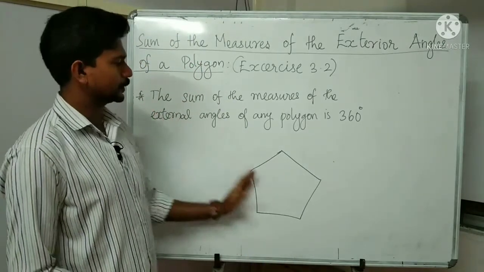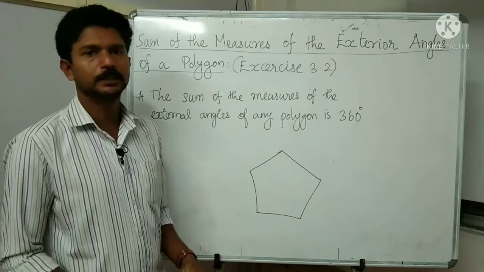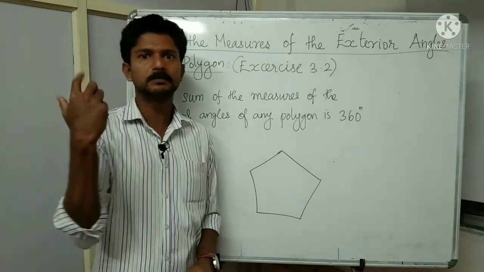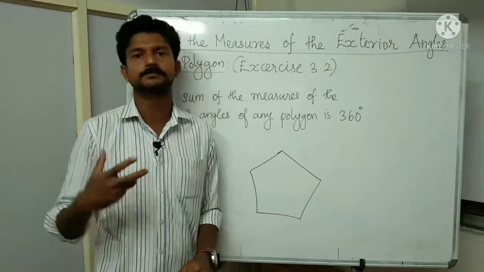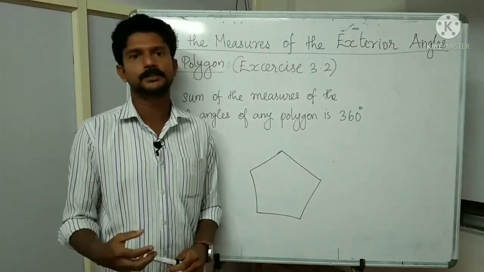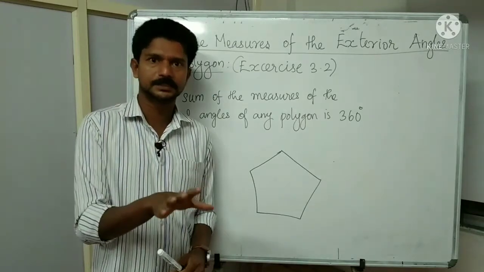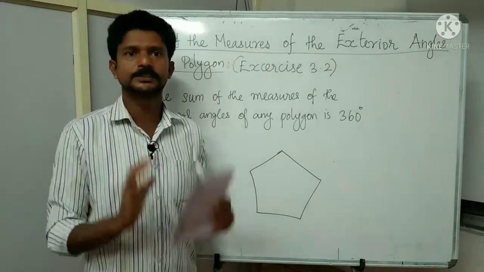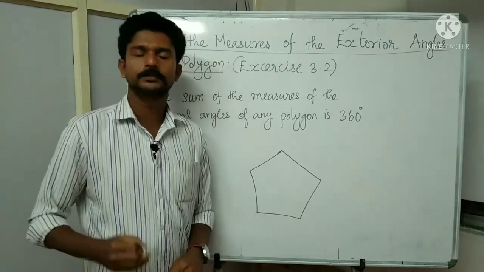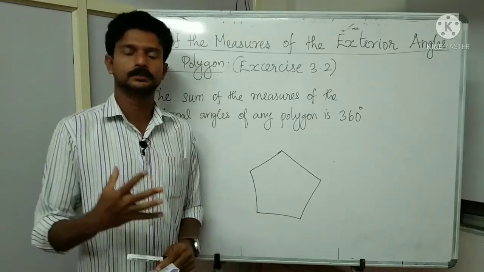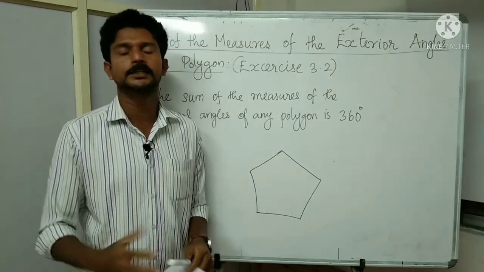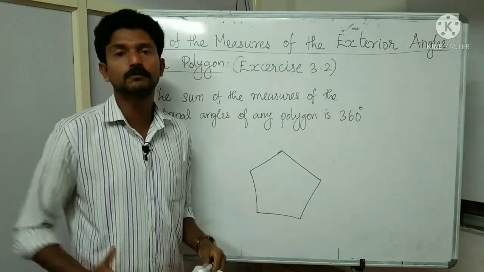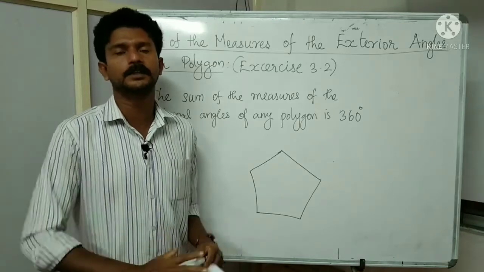So the sum of the measures of exterior angles of a polygon is equal to 360. It's the same as the sum of the interior angle measures of a quadrilateral being 360. In the same way, for the exterior angles of any polygon, whether it is a three-sided, four-sided, five-sided or six-sided polygon, the sum is a fixed value, 360.